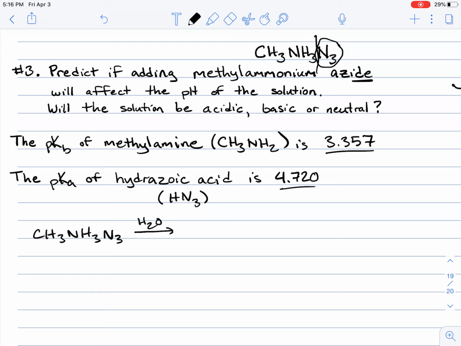Hopefully you guys won't ever have to experience that. And so here we just have CH3NH3, and when we separate it, it's going to have a positive charge, and the azide is going to have a negative charge.